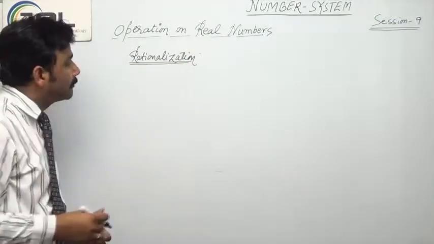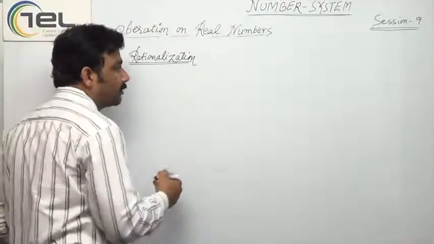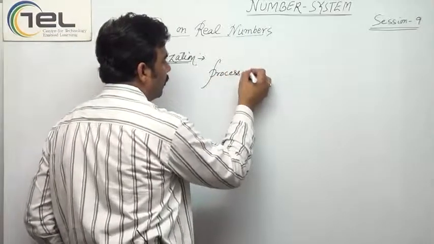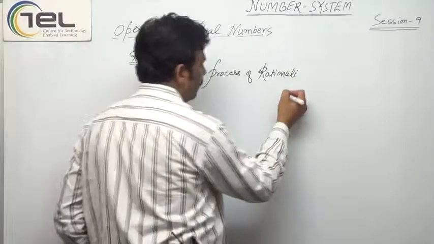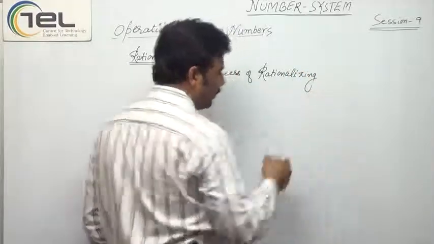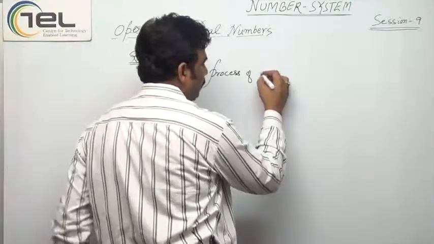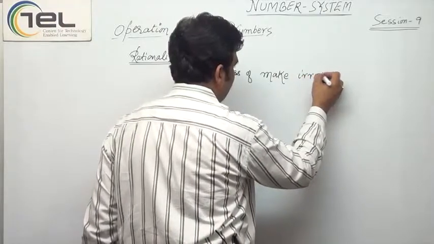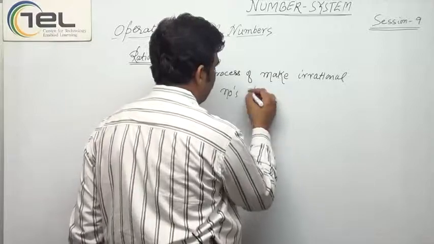Rationalization is a process of making irrational numbers rational.